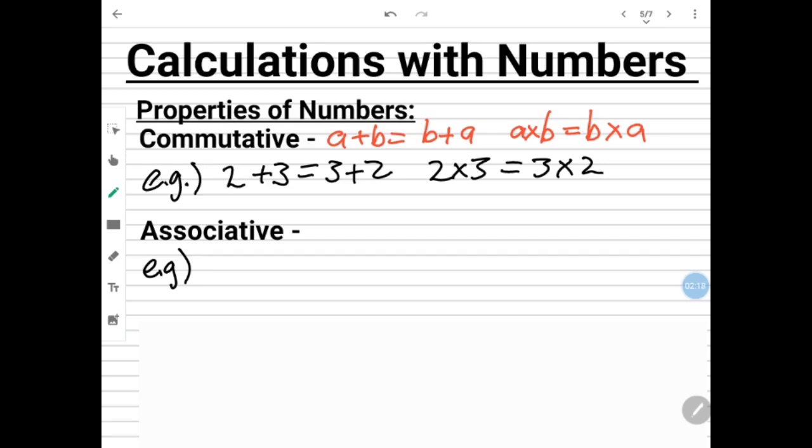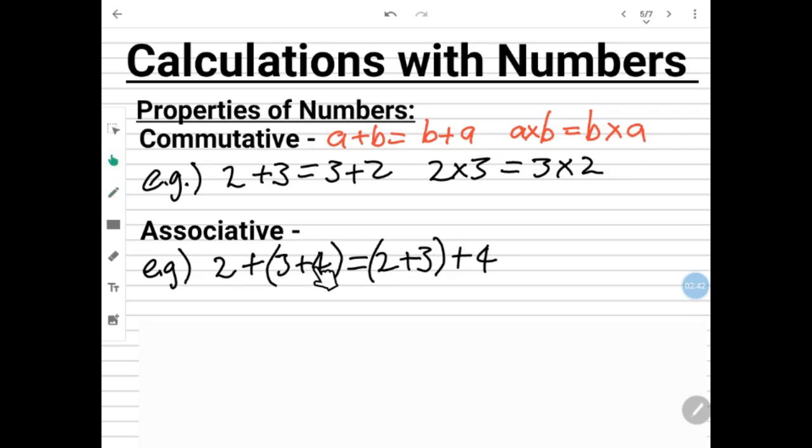So let's take simple numbers again. Let's write 2 plus 3 plus 4 is exactly the same as 2 plus 3 in the bracket and then plus 4. Right, it's exactly the same.